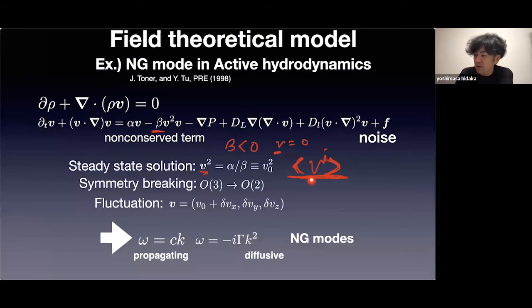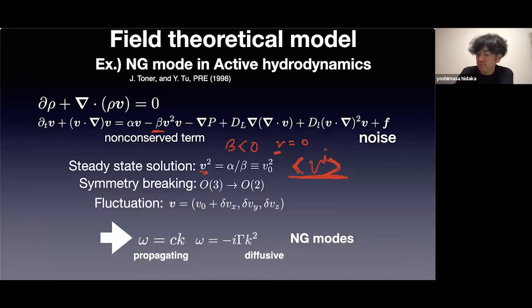Since this is a vector, actually this is the order parameter. If you transform this vector by an O(3) transformation, the direction changes, so this can be understood as an order parameter.